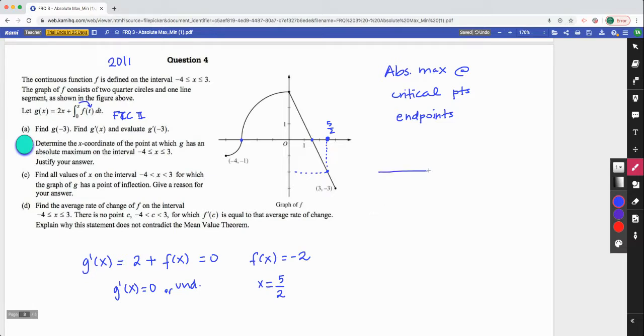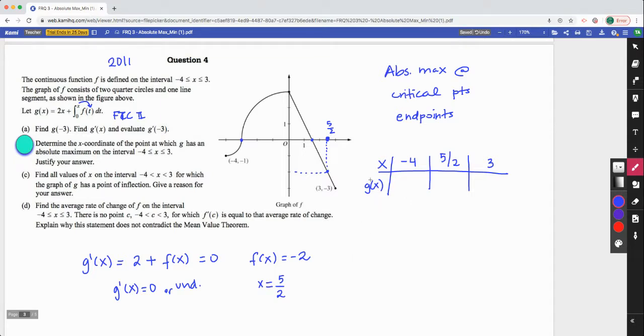So now I know my candidates to be an absolute maximum. So I'm going to say g of x. Those are the endpoints, -4 and 3, and my critical point 5/2.